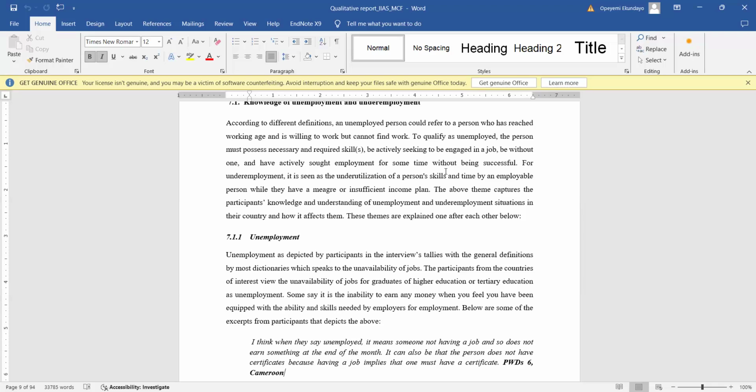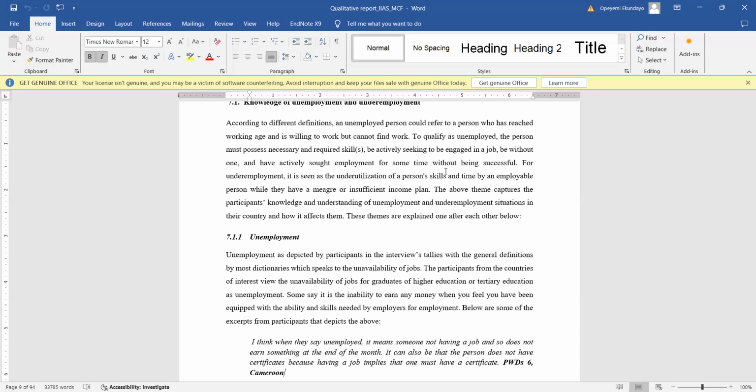To qualify as unemployed, the person must possess necessary and required skill, be actively seeking to be engaged in a job, be without one, and have actively sought employment for some time without being successful. For underemployment, it is seen as the underutilization of a person's skill and time by an employable person, while they have a meager or insufficient income plan.